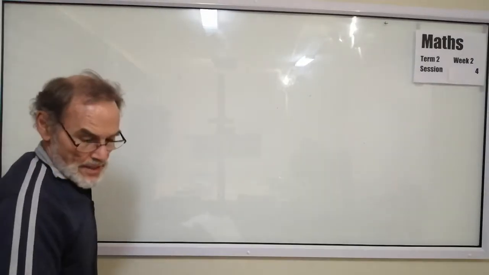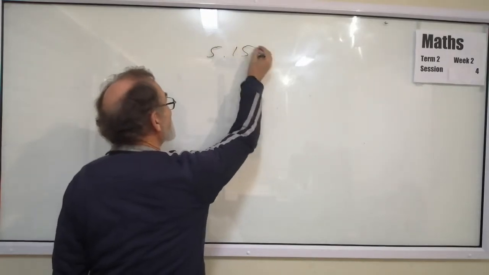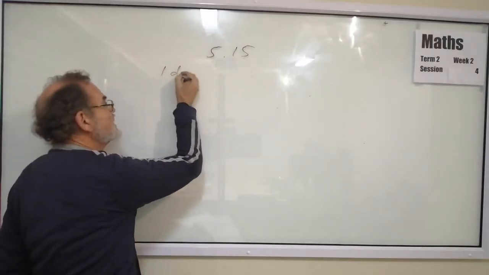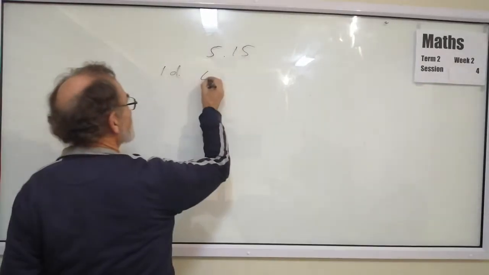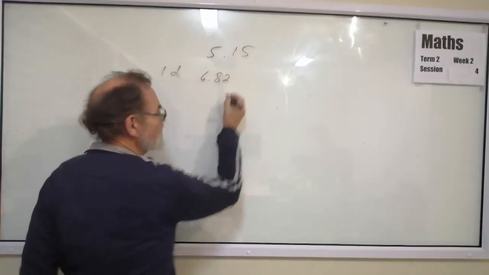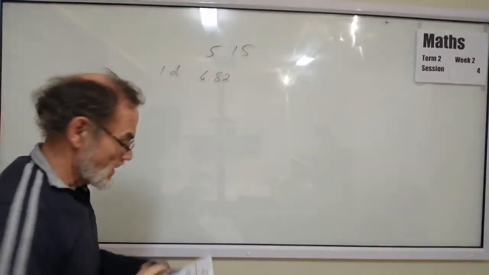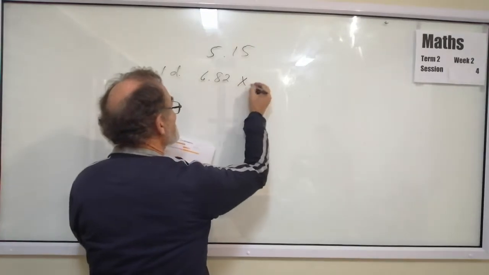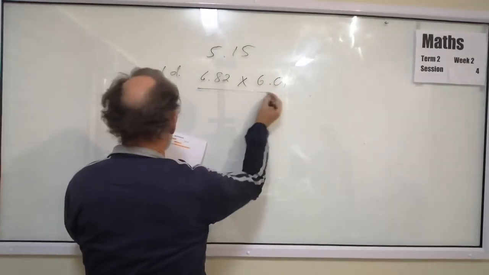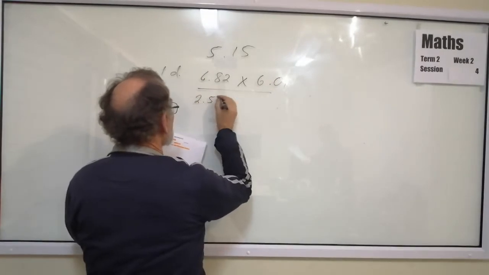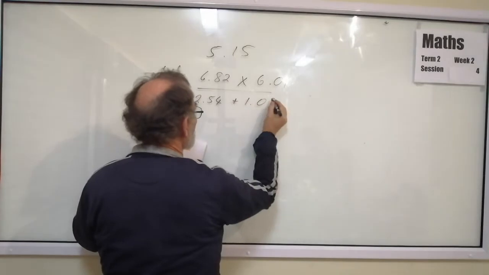I'm going to do question 5.15, and I'm going to do question 1b as an example. 1b is 4.82 multiplied by 6.01 divided by 2.54 plus 1.09.